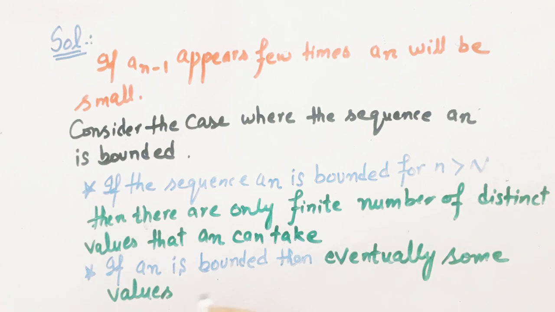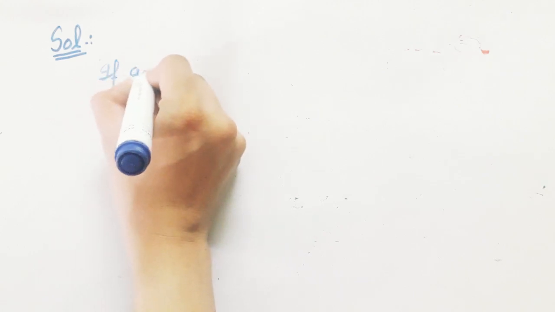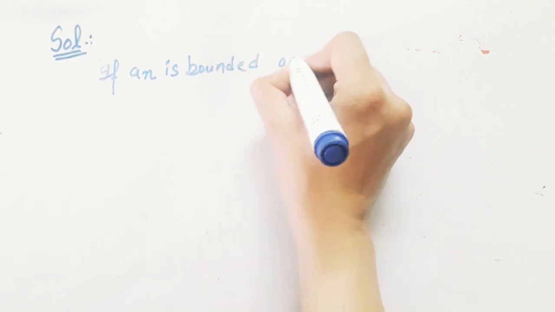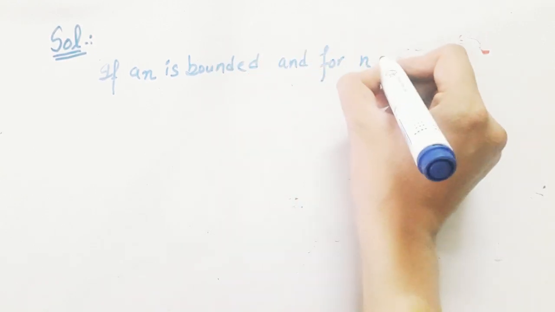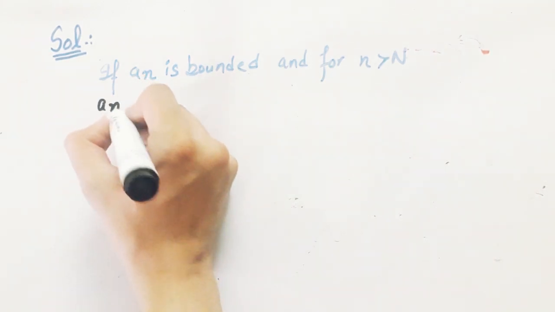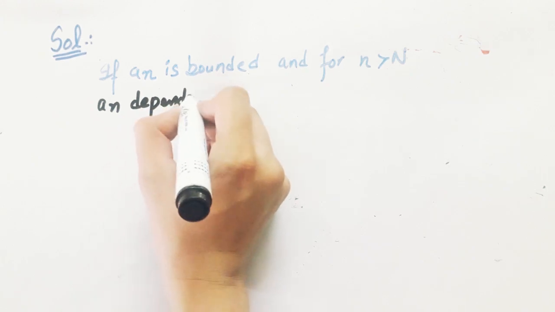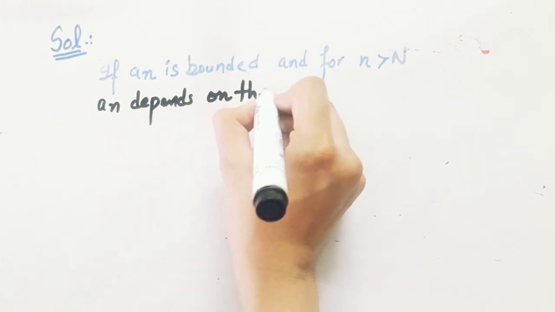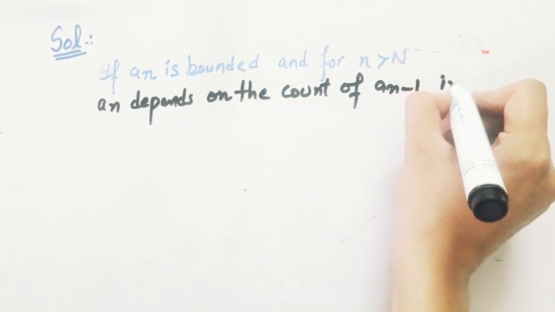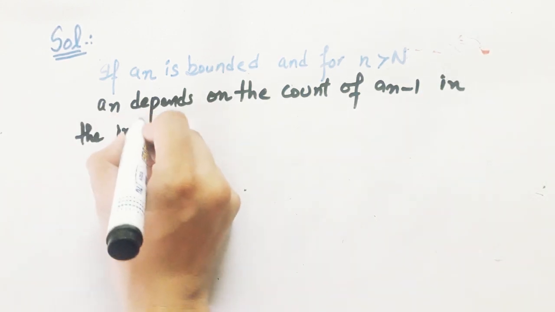Now we have another case: if an is bounded and for small n greater than capital N, an depends upon the count of an minus 1 in the infinite prefix.